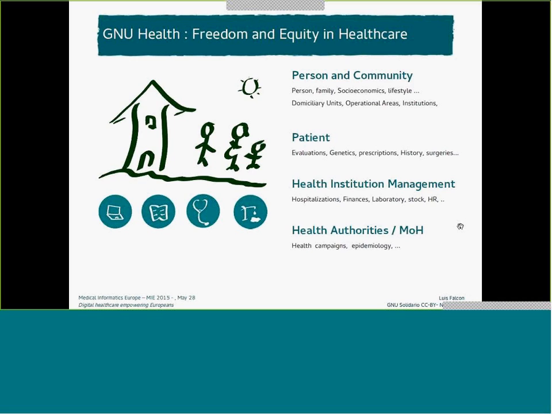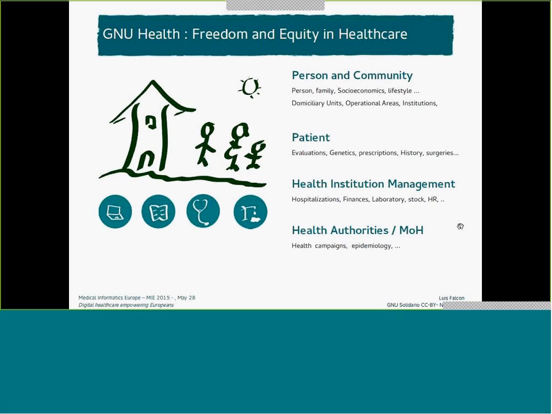So that's where we have patient encounters, evaluations, and dealing with things like genetics, family history, surgeries, and so on. It would be taking care of all the network of institutions that we may have at a province or country level, where we do not have just one health center, but many.